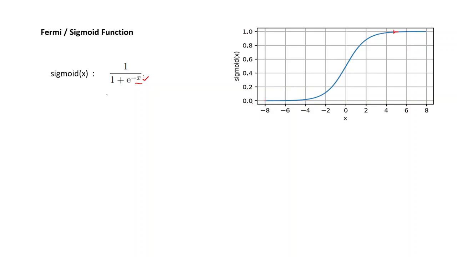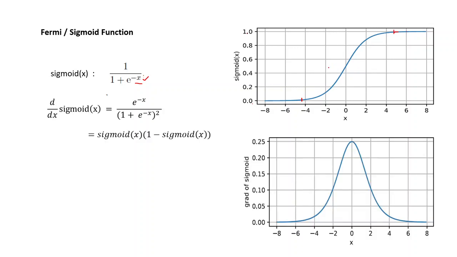Similarly, the value at minus 8 or minus 6 is 0, and from this point the value starts changing. So this is a very much differentiable kind of function.